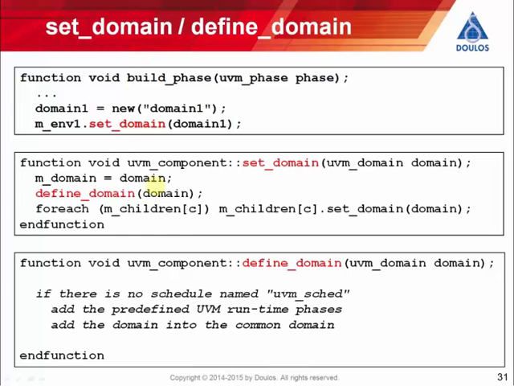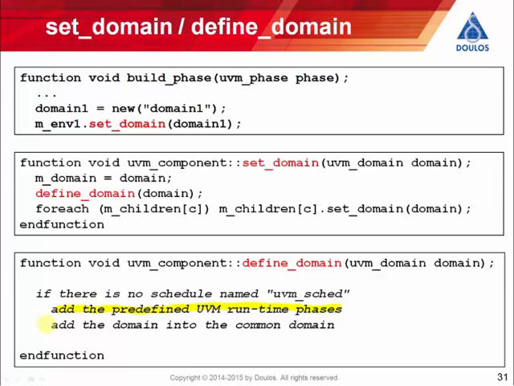The define domain method of UVM component looks something like this. This is just pseudocode, but it says what happens. So what the built-in define domain method does is it asks a question. It asks if there's any schedule that's called UVM shed in this domain. So if our domain already has a UVM shed, define domain does nothing. But if there's no schedule named UVM shed, then what define domain does is that it adds all of the predefined runtime phases to our domain.